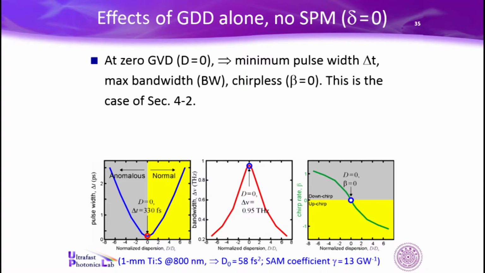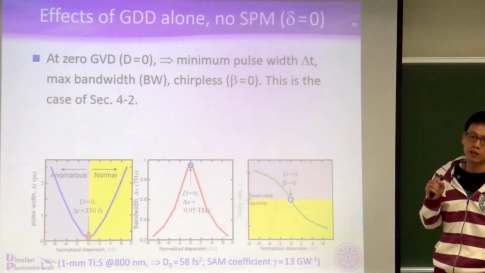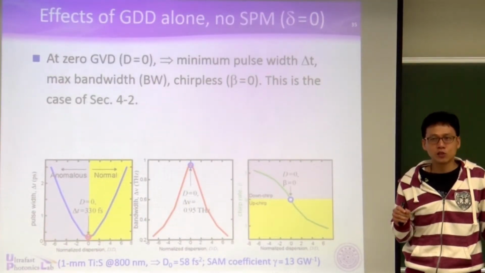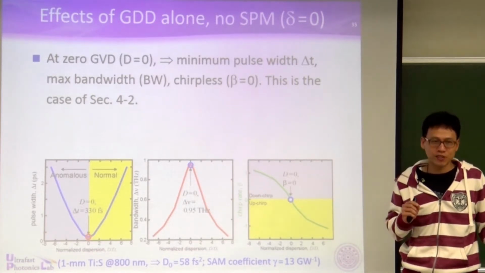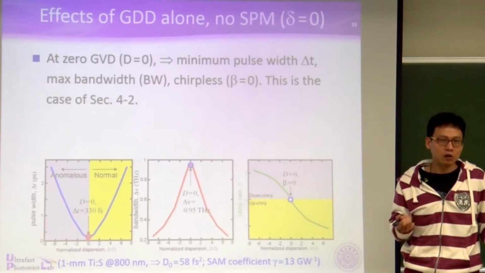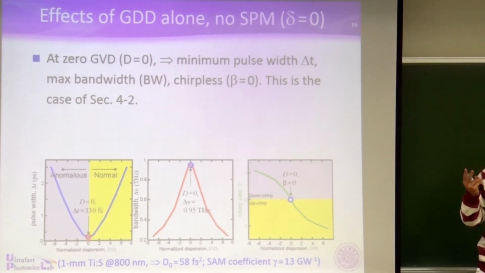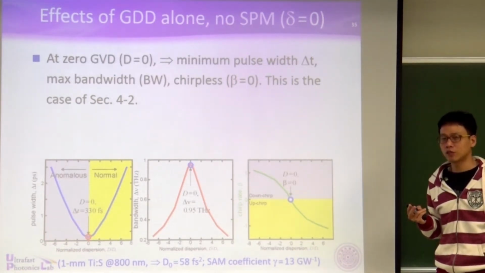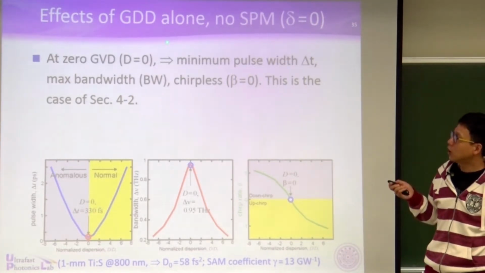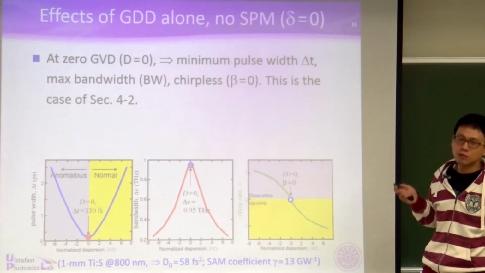Okay. So this slide focuses on the effects of group delay dispersion alone, assuming there is no self phase modulation. Remember, in this section, what is new compared with the previous section? Now we include the phase modulation. The 2 most important phase modulation effects are group delay dispersion and self phase modulation.